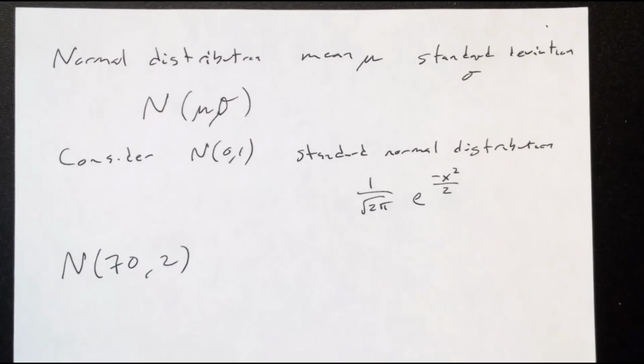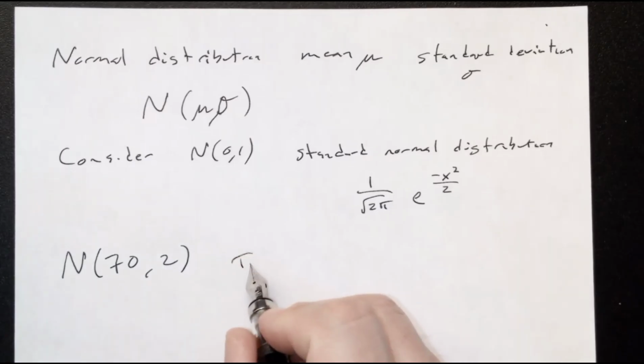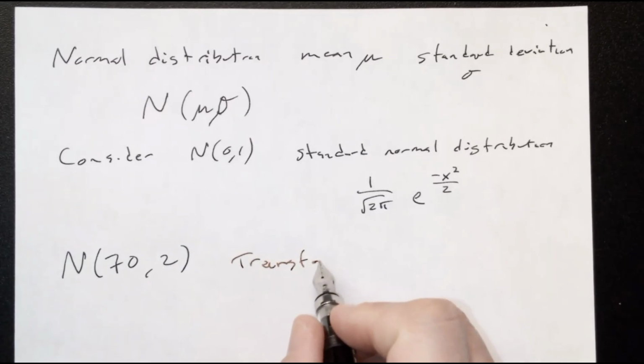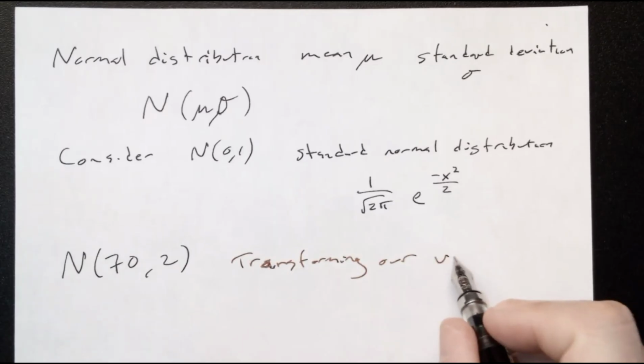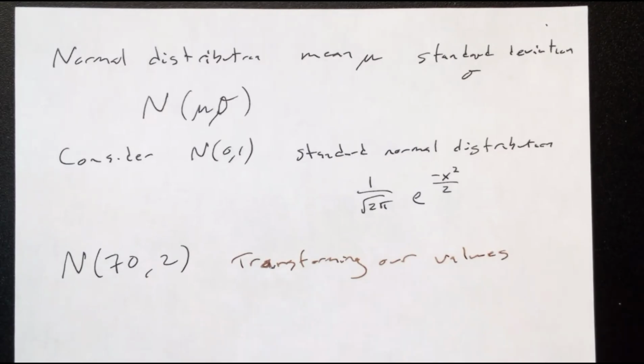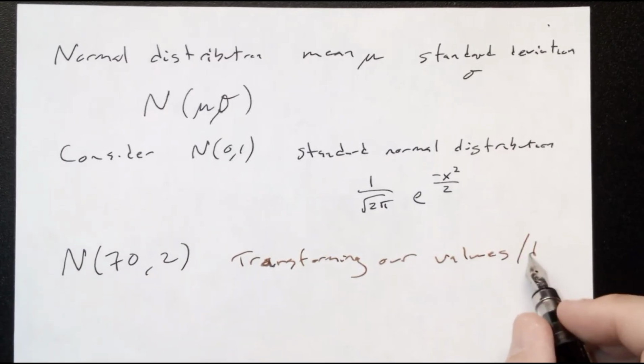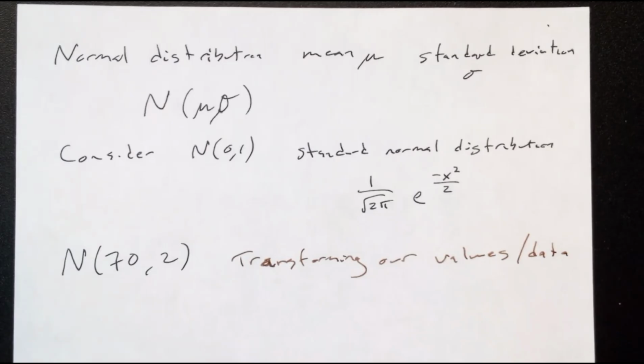Back when we were talking about descriptive statistics, we talked about transforming our values, our data, to a standardized version. So if I had a bunch of X values, I could standardize them. What letter did we use for standardized data? Aha!